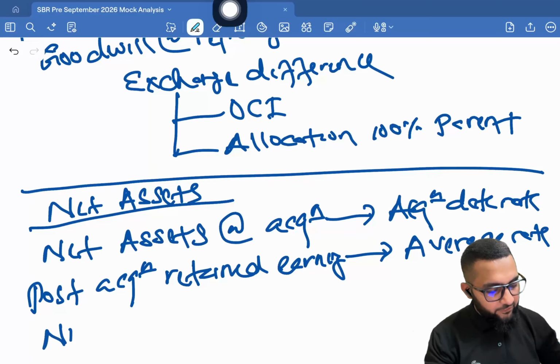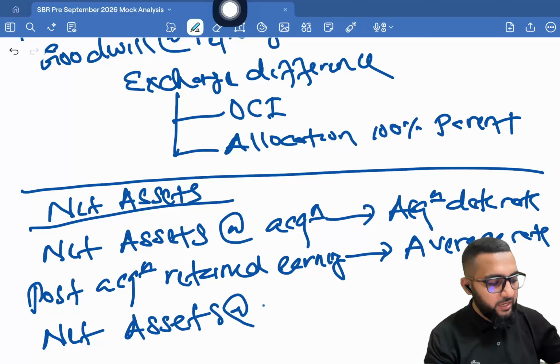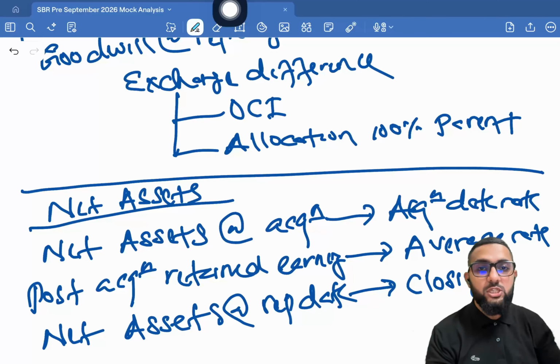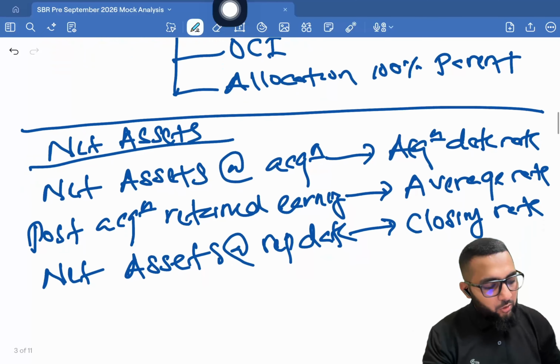Then you have net assets at the closing date, net assets at reporting date. You have to retranslate at the closing rate, since these are statement of financial position items.